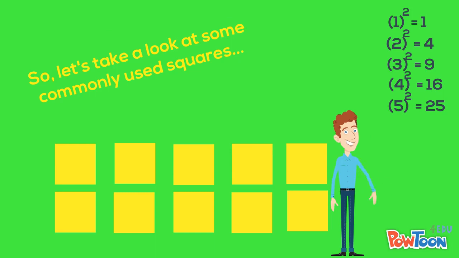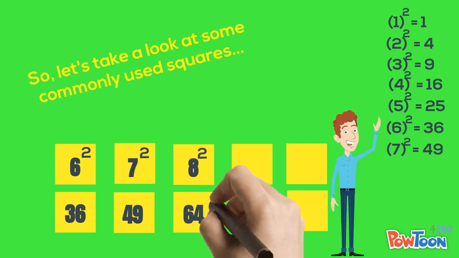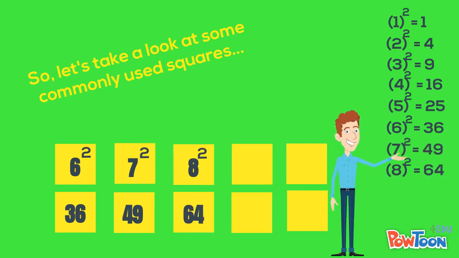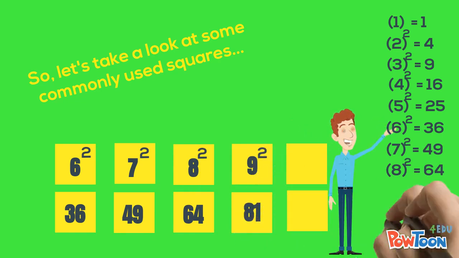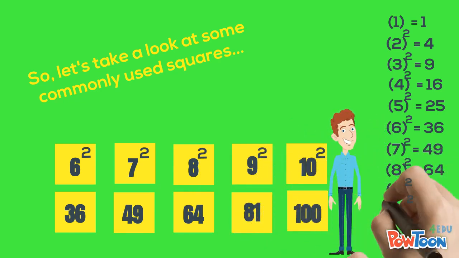Let's keep going. 6 squared is 36, 7 squared is 49, and 8 squared is 64. Squaring 9 is 81, and 10 squared is 100.